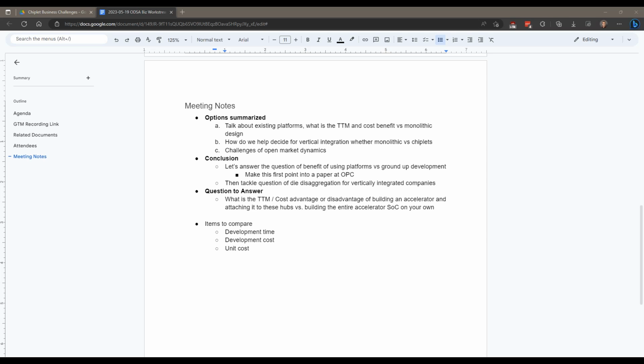So, the IP reuse point of view. Yeah, they say that they do not need so many variants, and therefore they can be cheaper through economies of scale. Correct.